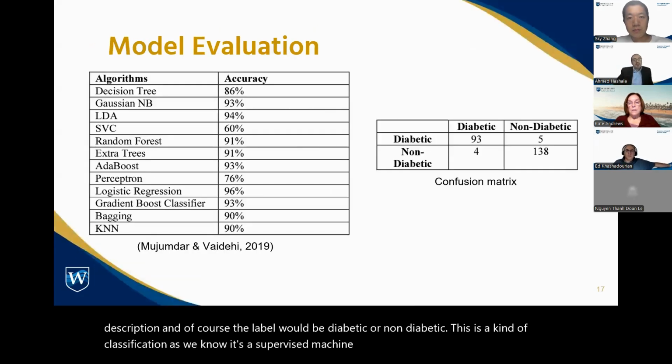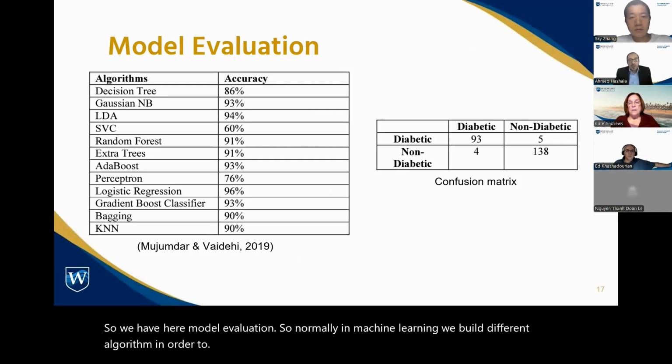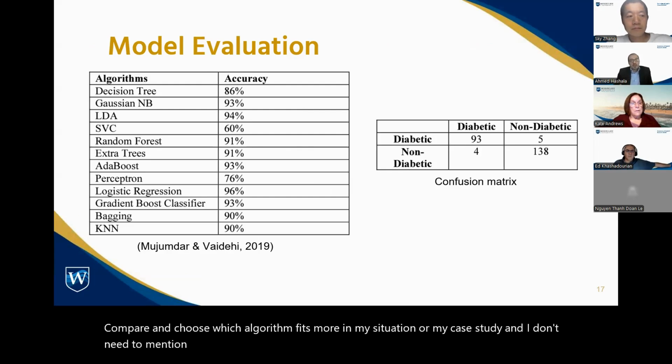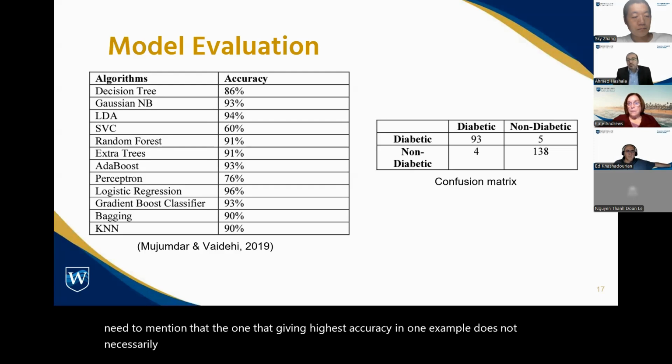So we have here model evaluation. Normally in machine learning, we build different algorithms in order to compare and choose which algorithm fits more in my situation or my case study. And I don't need to mention that the one giving the highest accuracy in one example does not necessarily apply to other examples.